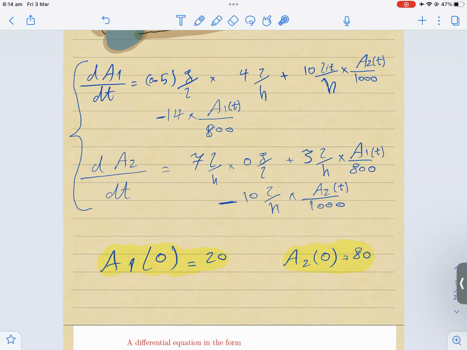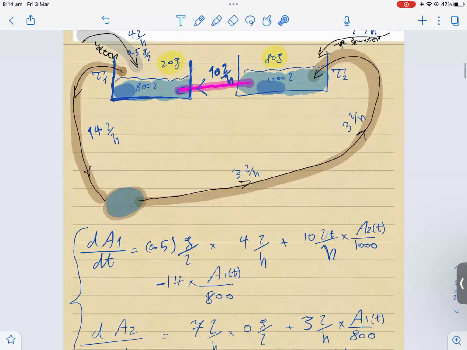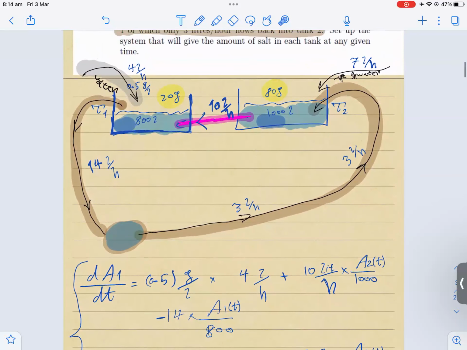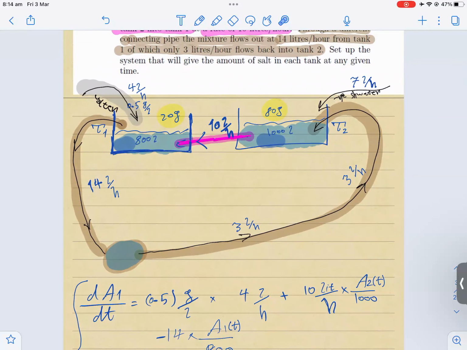Okay, do you have a question about this? Why do you times the 10 liters per hour by A2 of T over 1,000? Here, do you see this one? 10 liter per hour is coming from the second tank to here.